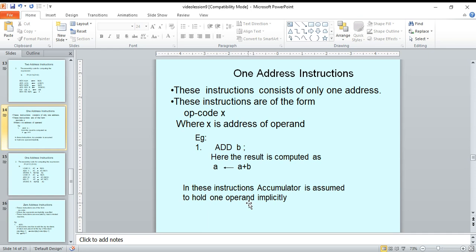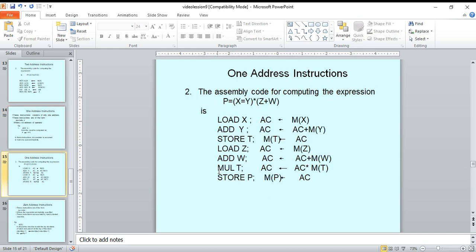So for one address instructions, we have to assume one value was placed in the accumulator register and the other value is taken from the memory location. So you write it like this: a plus b, and after the addition operation, the result is placed into the accumulator register.